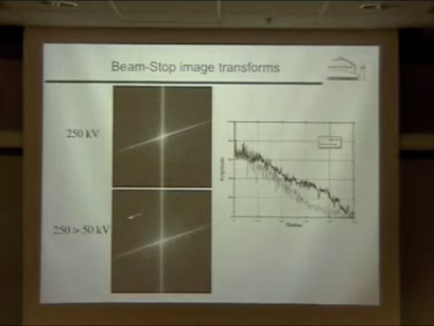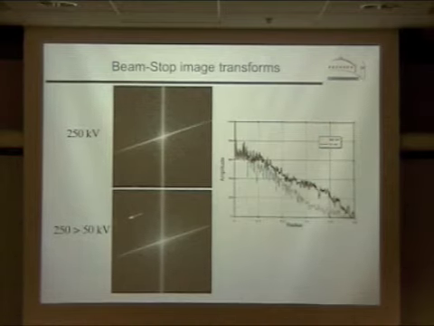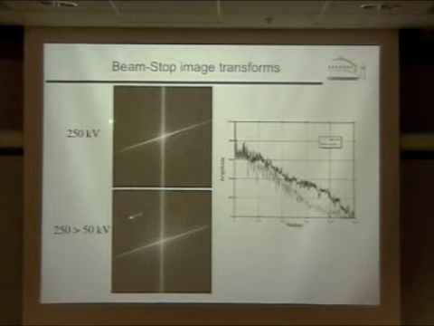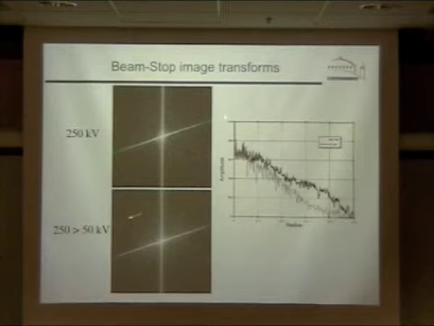So here's some Fourier transforms of images of the beam stop. The beam stop is a fairly good sharp edge that is useful for defining the resolution of the system. And at 250 kV, you can see the beam stop Fourier transform goes right up about the edge of the Nyquist limit here.